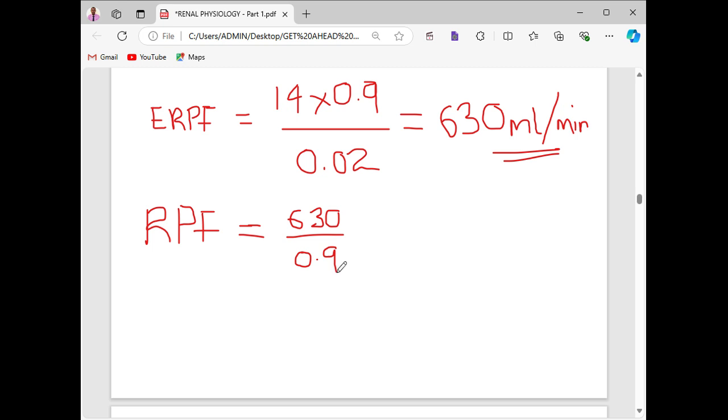When you do the division, you basically get 700, and the units for this are milliliter per minute.